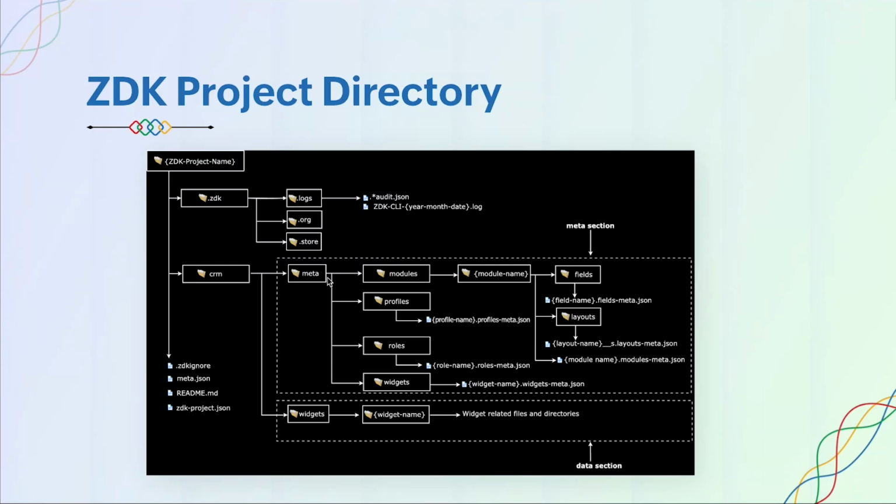The meta folder consists of the metadata of the different resources, such as modules. Inside modules, we have fields and layouts because fields and layouts are specific to different modules. Then we have profiles, roles, and metadata of widgets inside the meta folder. Directly under the CRM folder, we have the widgets folder, which will contain the widgets logic.